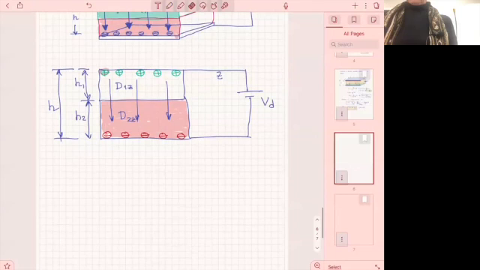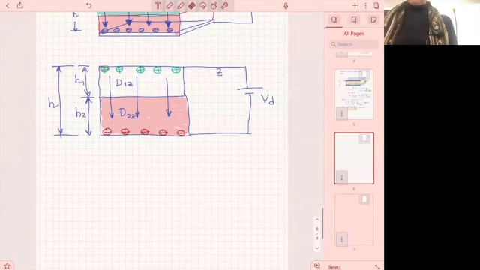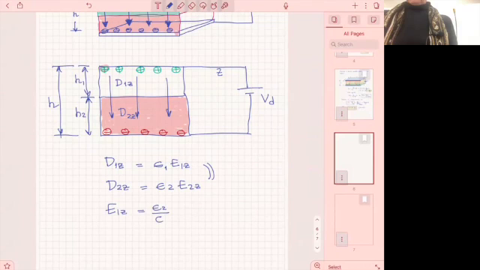Also what we know is that D1Z equals epsilon 1 E1Z and D2Z equals epsilon 2 E2Z. And these two are equal, which means that E1Z equals epsilon 2 over epsilon 1 E2Z.